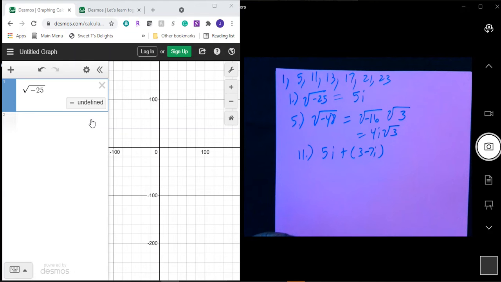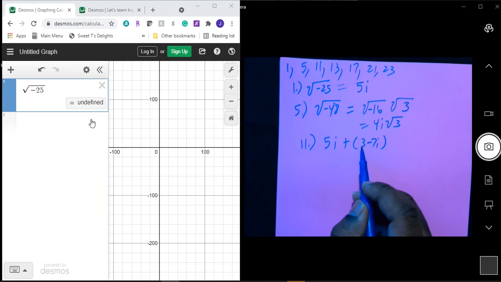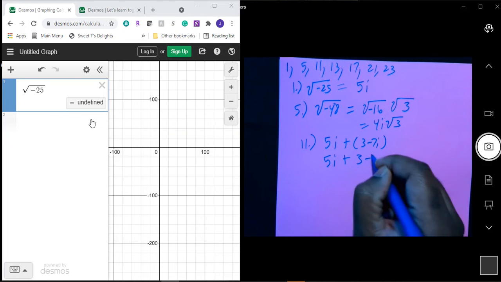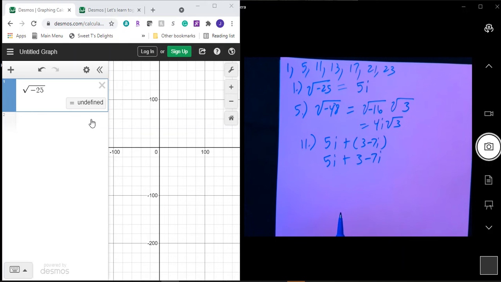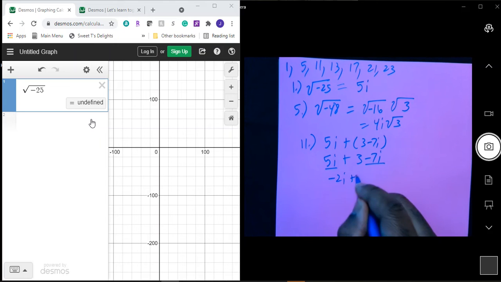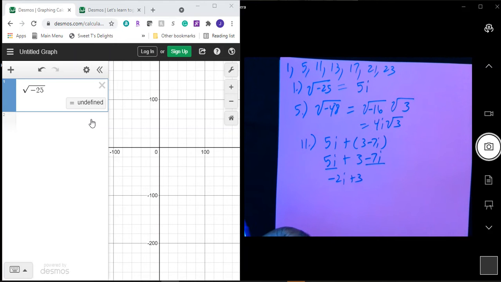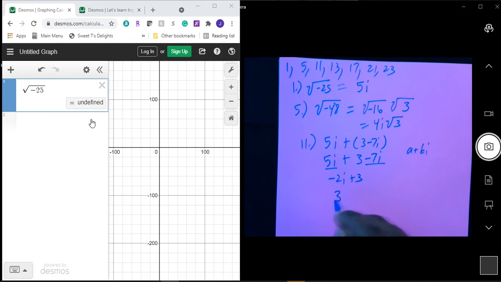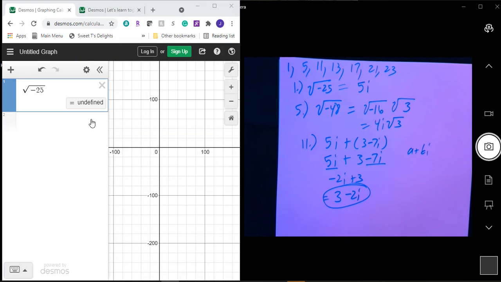With the Desmos calculator, we cannot verify these results, so we will be doing this by hand. 5i plus 3 minus 7i without the parentheses. 5i minus 7i is negative 2i plus 3. They do want us to write this in a plus bi form. So 3 would be our a, and the bi would be the minus 2i. So basically, we had to just turn it around.